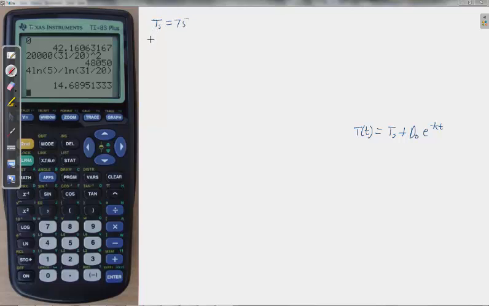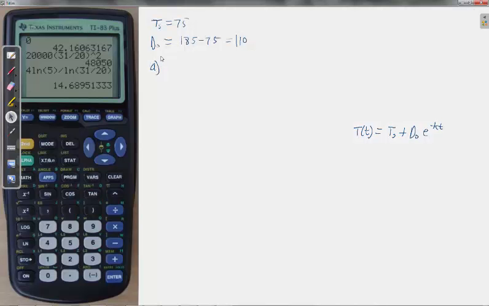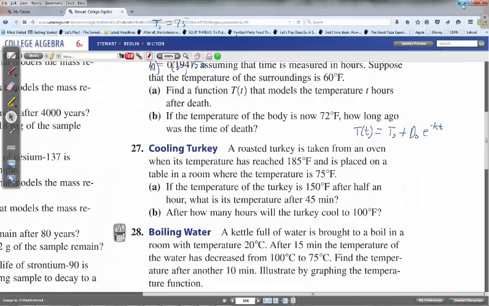The initial difference is 185 minus 75 equals 110. In part A, it tells us the turkey is 150 degrees Fahrenheit after half an hour. So when t equals 30, we have 150. I didn't actually check to see if they wanted us to get this in terms of hours or not, so let's see. Yeah, we are going to want to be in hours for this one, definitely.